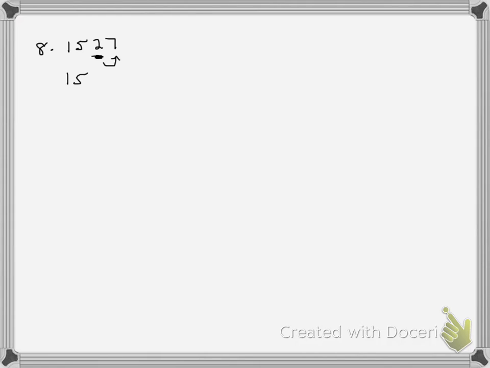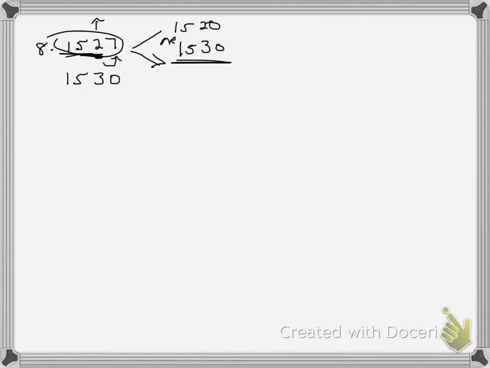Well, you look to the immediate right, and if this value is 5 or greater, which it is, you need to round the tens place up. So this would be 1530. It's asking you for the nearest 10, so think about the tens place. Is this number closer to 1520 or 1530? I'm showing you a method, but you can probably look at that in your head and say, well, that's obviously closer to 1530.